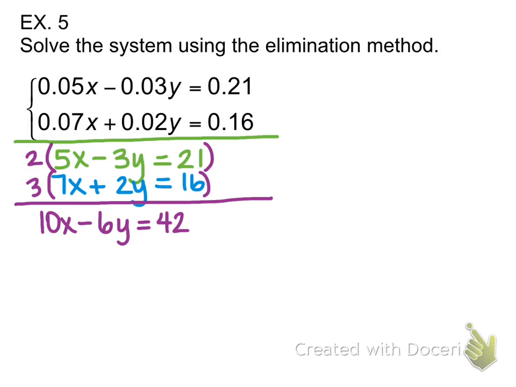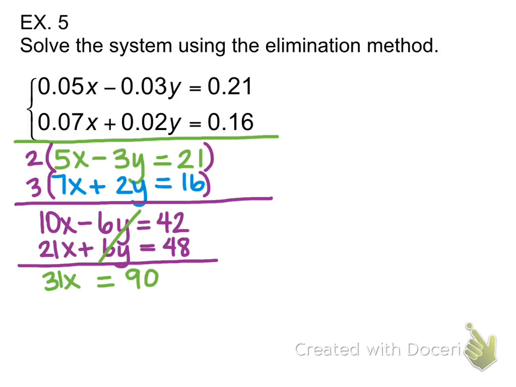The second equation, I'm going to multiply everything times 3. That's going to give me 21x plus 6y equals 48. When I add these equations, I get 31x, the y's cancel, equals 90. I divide by 31, and x equals 90 over 31.